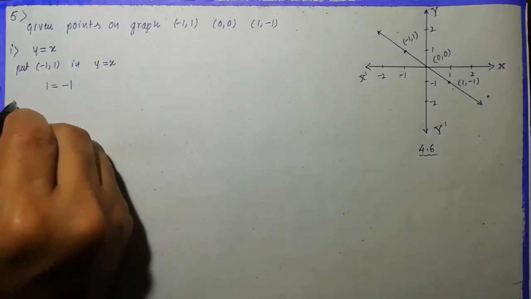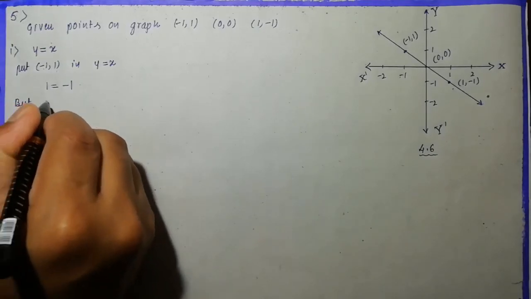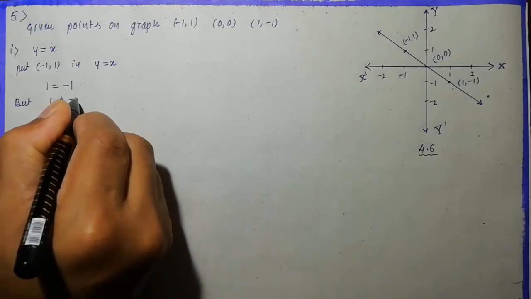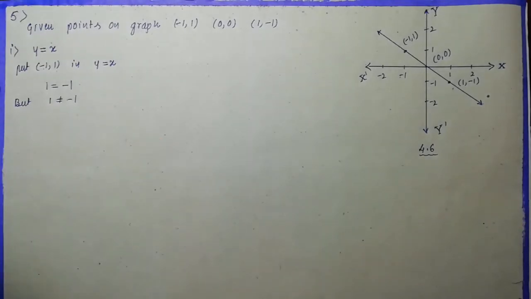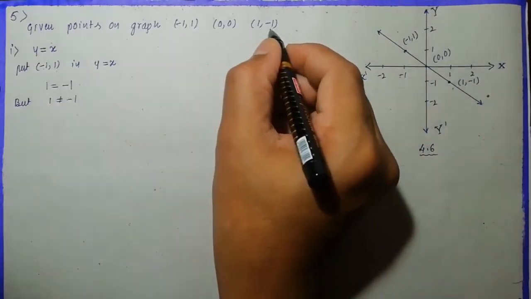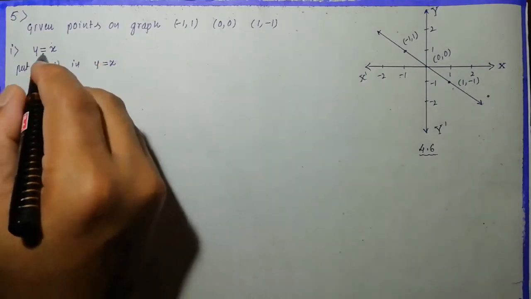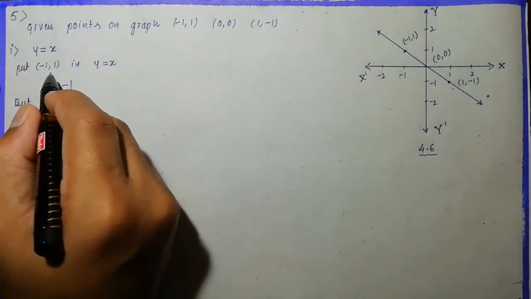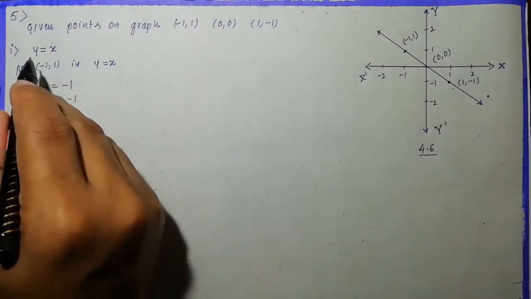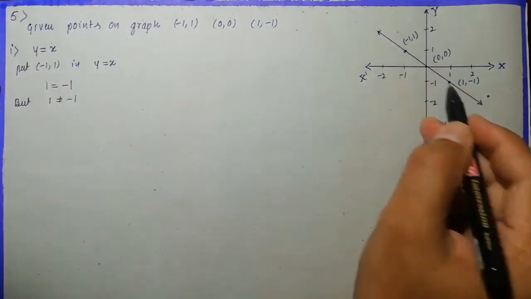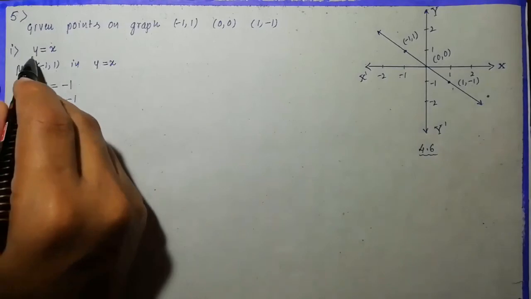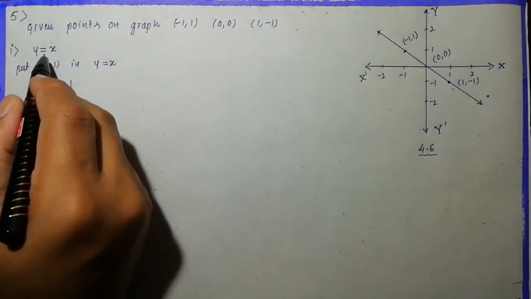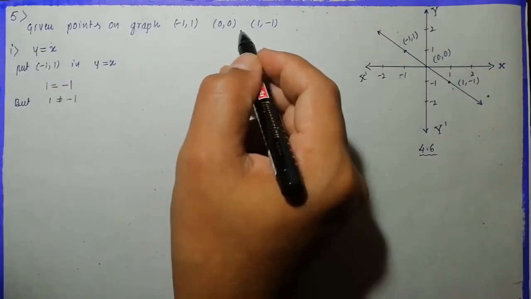It's actually wrong, since 1 is not equal to minus 1. So now I'm not going to verify for 0 comma 0 and 1 comma minus 1, because this equation is not satisfied for minus 1 comma 1, so definitely we can judge here. The graph he has given is not for y is equal to x.